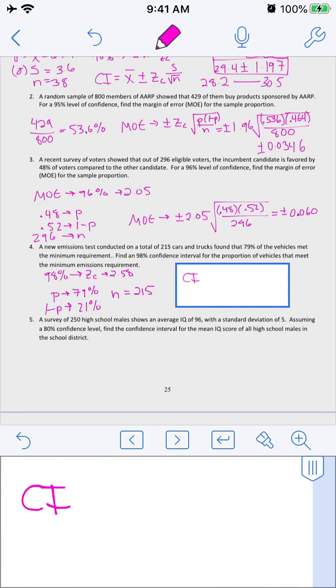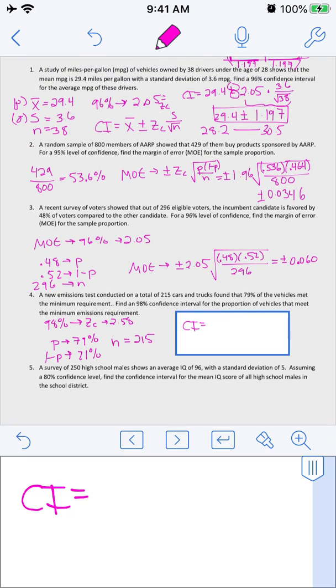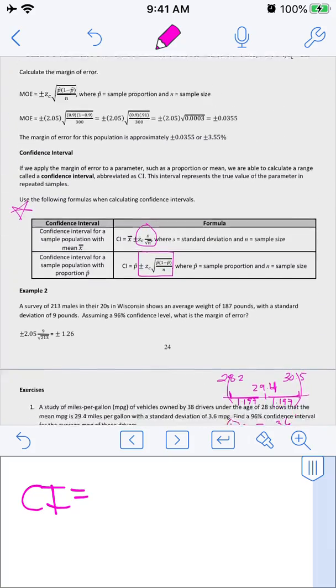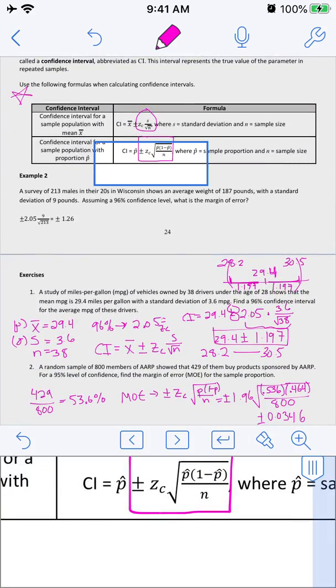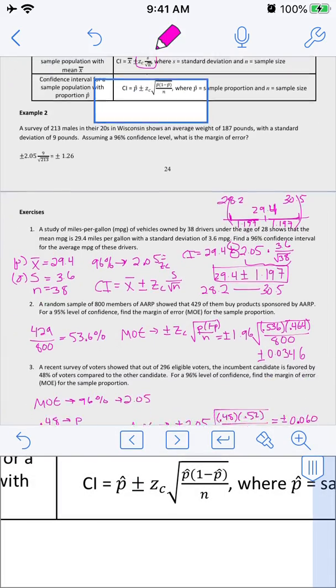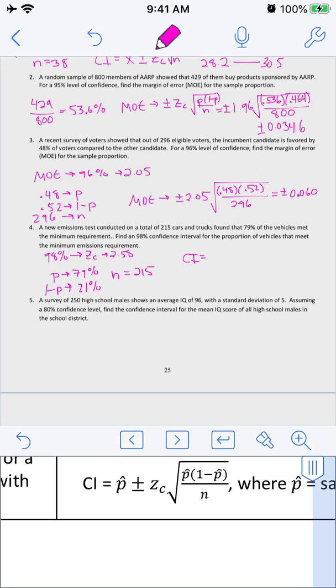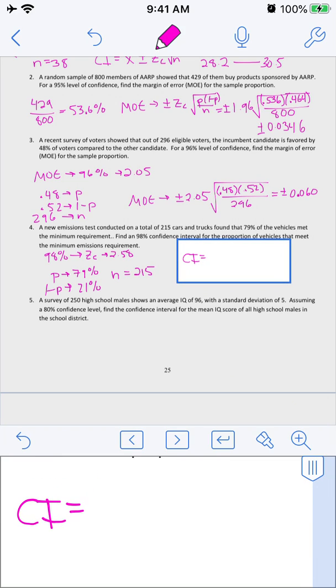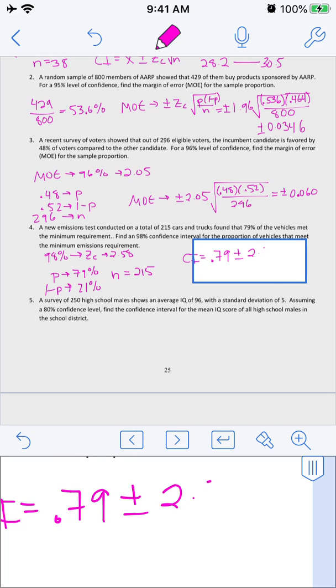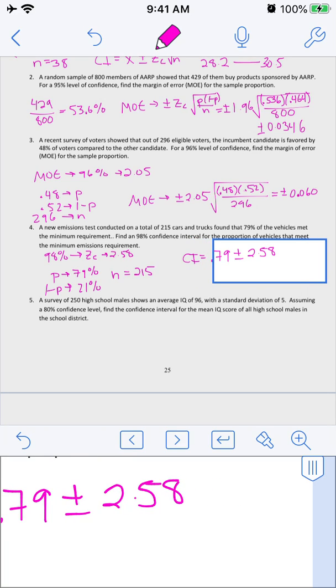All right, so the confidence interval for this, well, in the first one, we put X bar in front. For this one, we would put P in front. So it's going to be our percent plus or minus our margin of error. Percent was 79. We do everything in decimals with the confidence interval, so 0.79 plus or minus critical value, right? That's how confident we are.